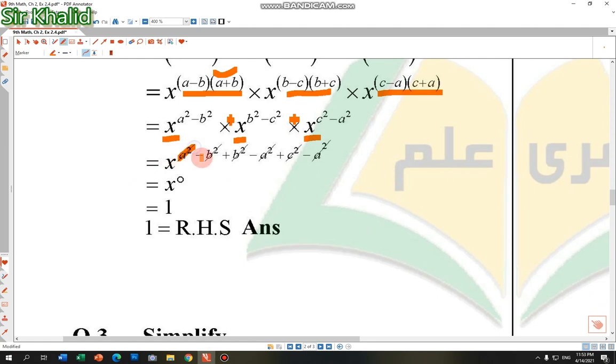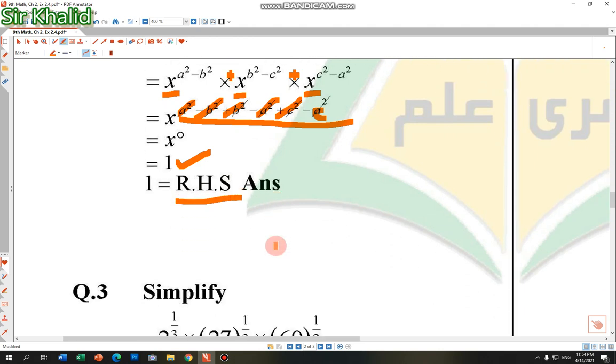Notice that positive a square will be cancelled by minus a square, plus b square will be cancelled by minus b square, plus c square will be cancelled by minus c square. It will give you the value 0, and you know that if any variable has an exponent 0, it is equal to 1, again using the law of exponent, and that equals the right hand side.